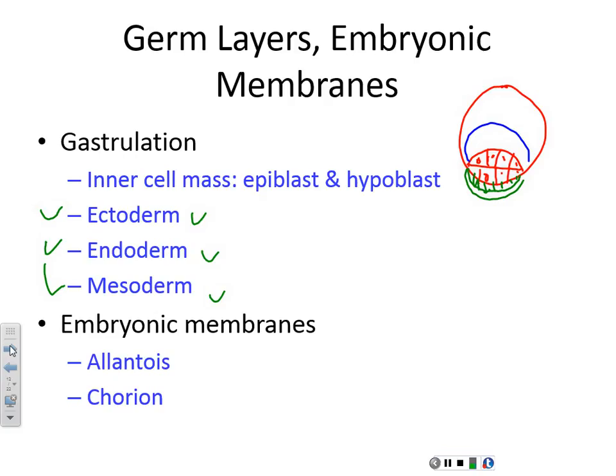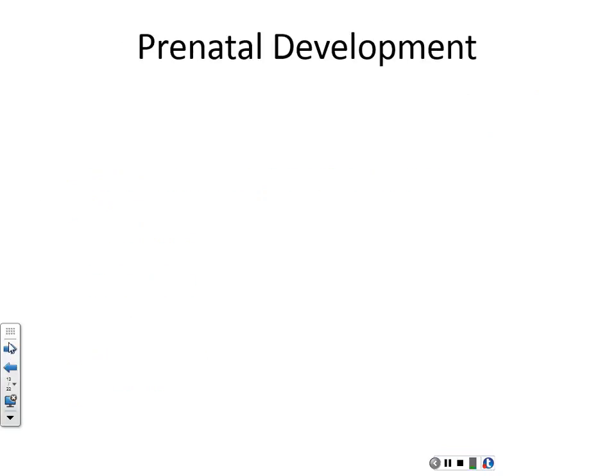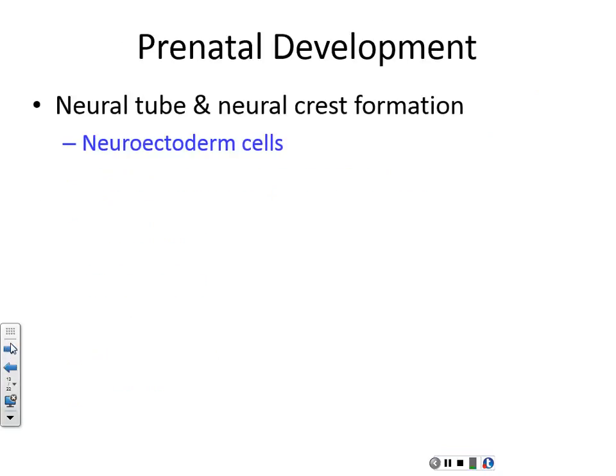So those are the other membranes, and then the yolk sac: allantois, chorion, amnion, and yolk sac are the fetal membranes.